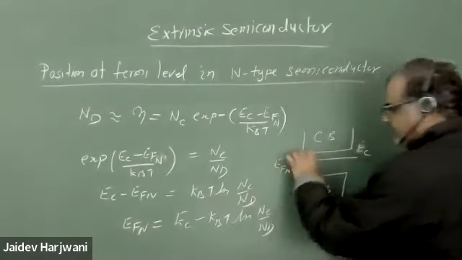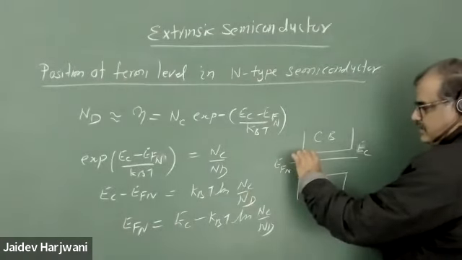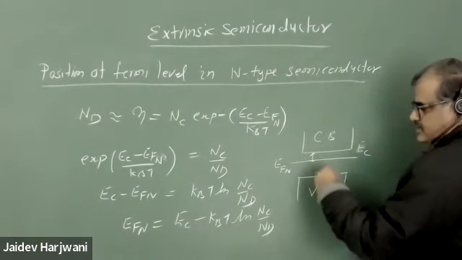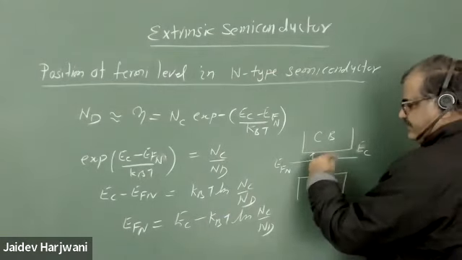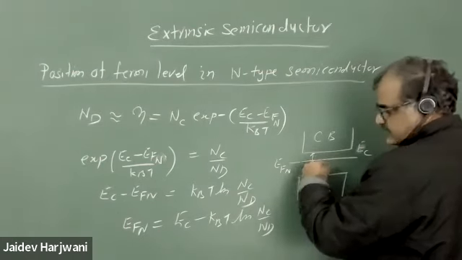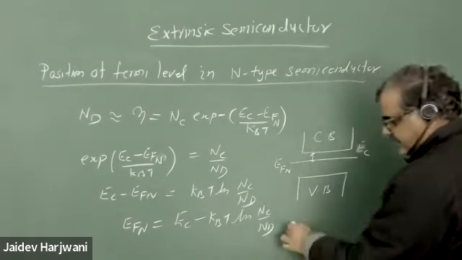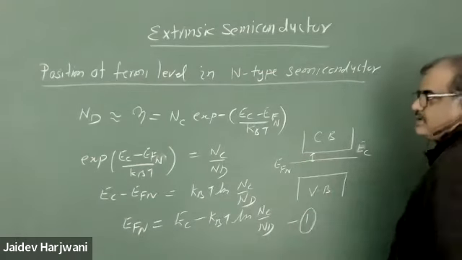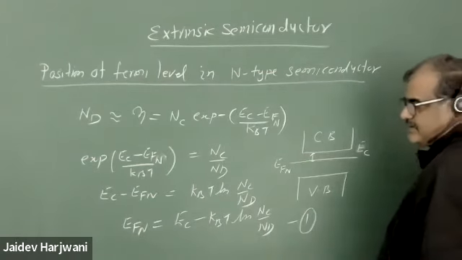So my Fermi level always comes close to the conduction band edge. In n-type your Fermi level is close to the conduction band, and in p-type your Fermi level is close to the valence band. So this is the position of Fermi level in n-type semiconductor.